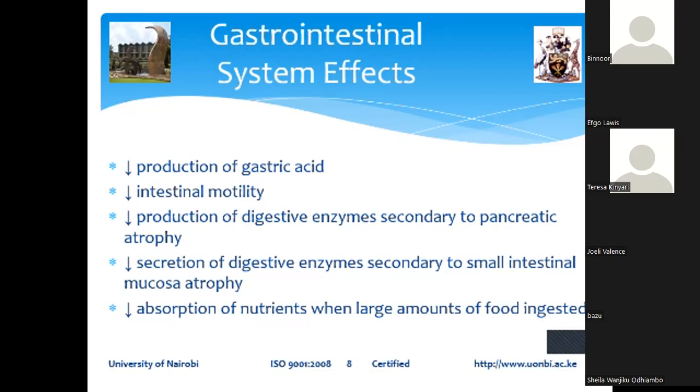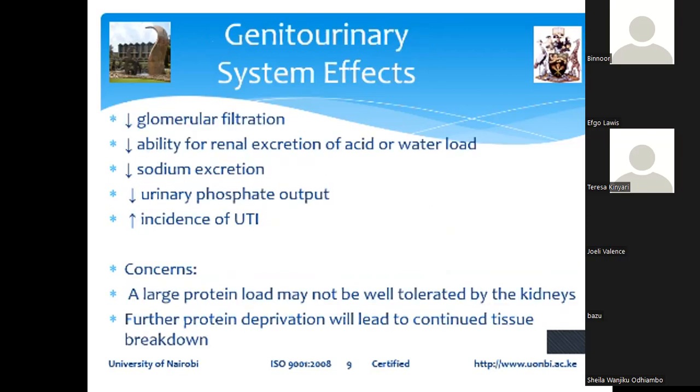In the genitourinary system, we basically have reduced glomerular filtration and reduced ability for renal excretion of acid or water load. Then you have reduced sodium excretion, reduced urine phosphate output, and there's also an increased incidence of urinary tract infection because we'll have a lot of stasis, and the bladder will now have E. coli and other bacteria start increasing in number.